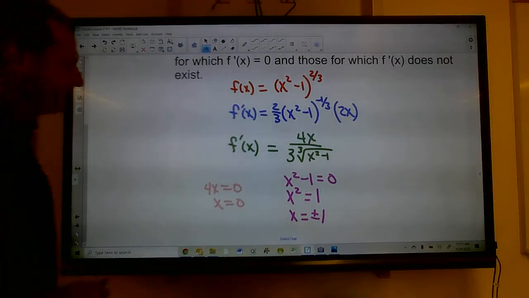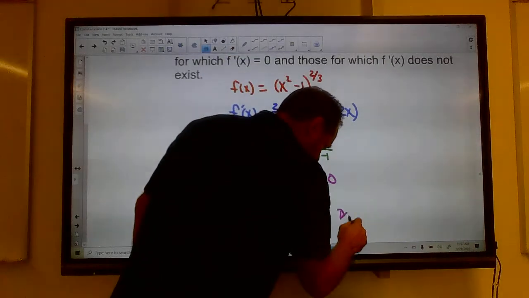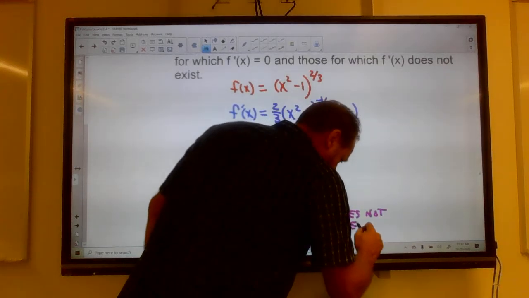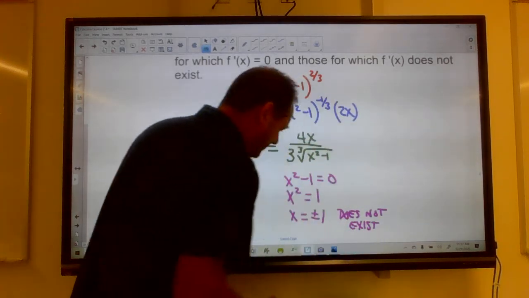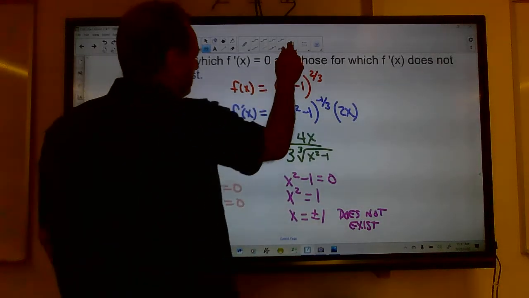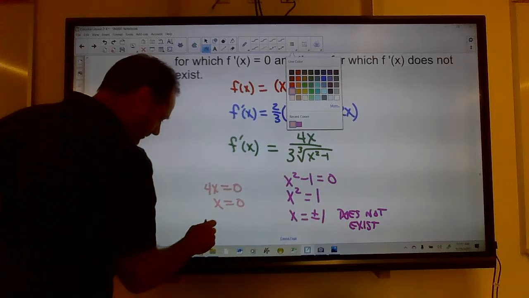So it does not exist when x is plus or minus 1, and it's 0 when x is 0.